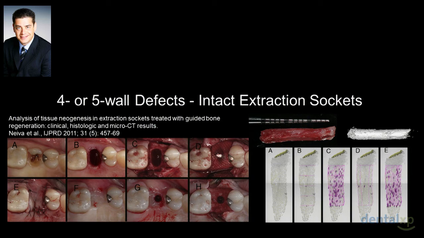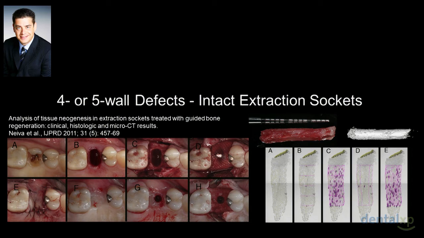So this is a study that we published in 2011, almost 2 years ago, in which we basically just extracted the tooth, allowed a blood clot to form, covered it up with a long-lasting collagen membrane, and allowed it to heal. 12 weeks later, we came back and took a flapless biopsy of the area, and in 90% of the sites, we found complete bone formation at 12 weeks without a single particle of graft.